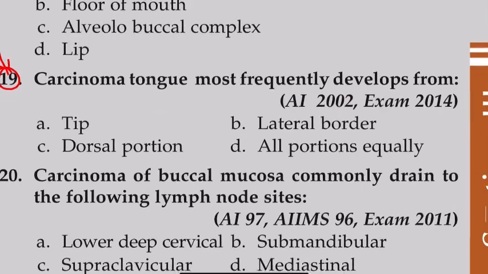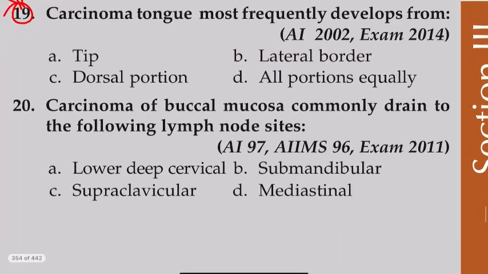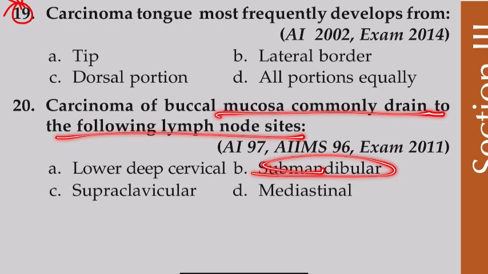It develops from the lateral border, right? Carcinoma of the buccal mucosa commonly drains into which lymph node site? Obviously submandibular, right? Buccal mucosa drains into ipsilateral submandibular level 1 as well as upper deep cervical level 2, mid deep cervical level 3 and lower deep cervical level 4, right?